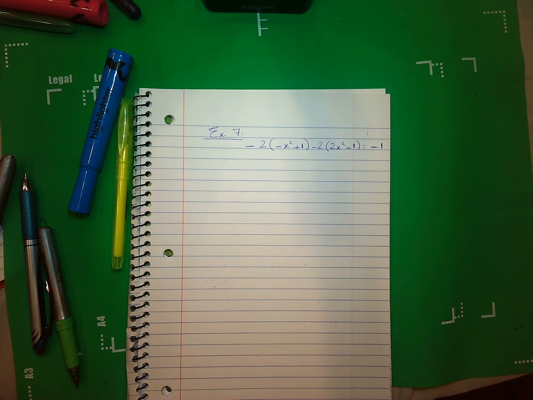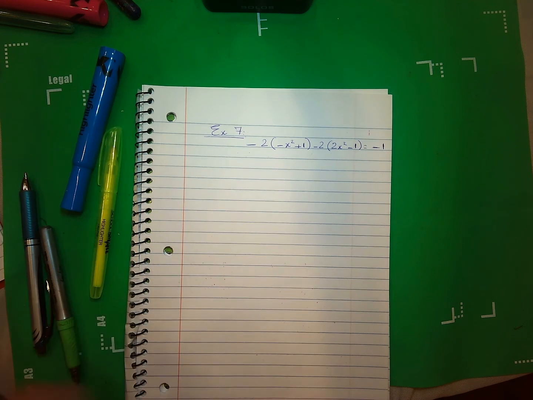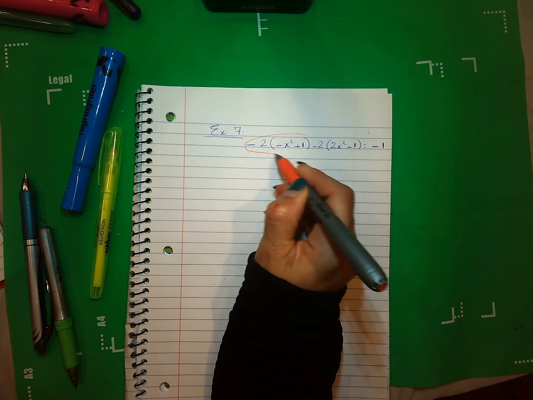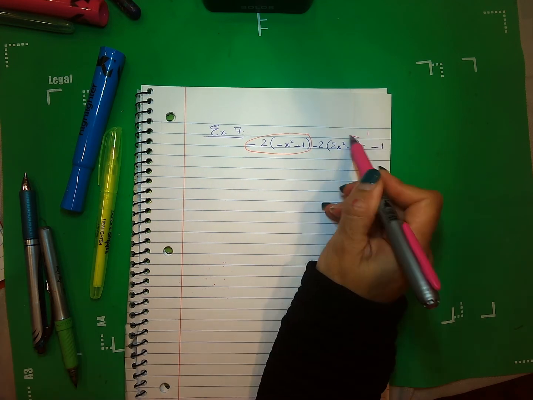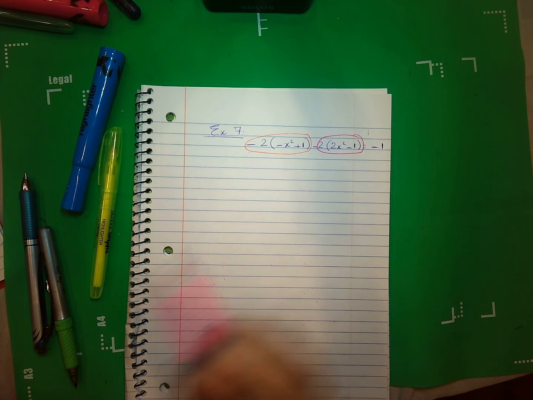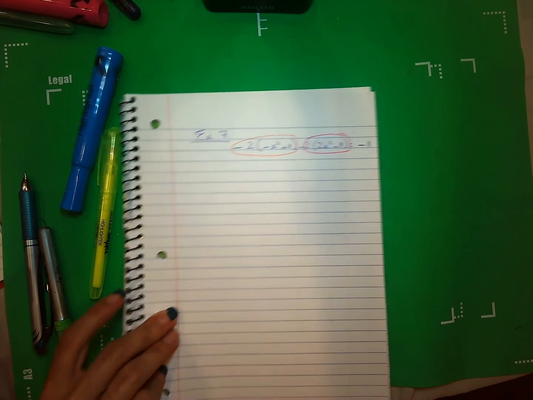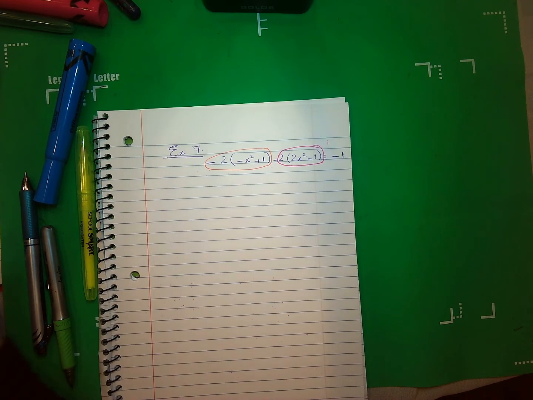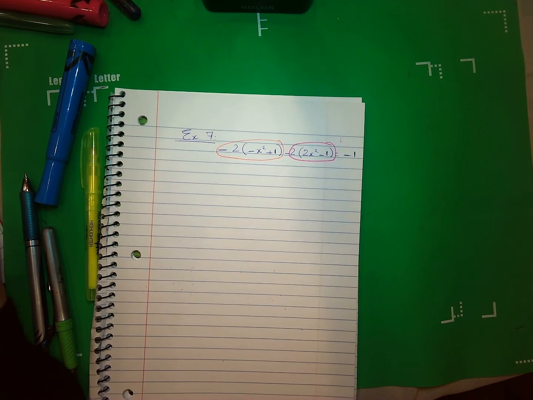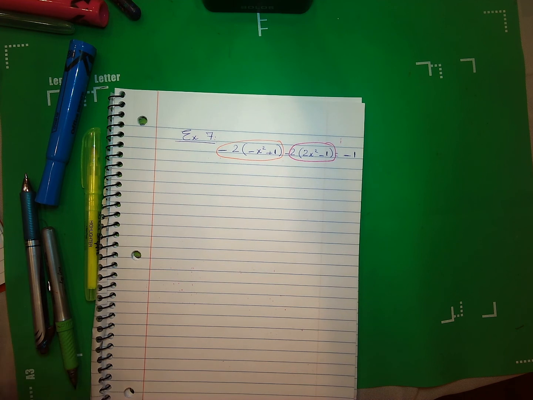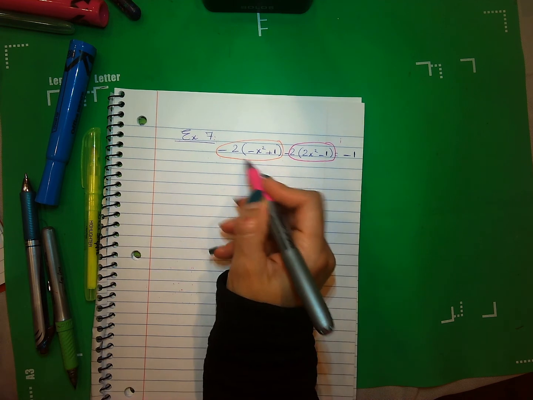The first thing I want you to always keep in mind is that this is considered one term and this is considered one term. Yes, I have to take constants to one side and variables to the other side. But before I do that, I would like to distribute that negative 2 inside this parentheses.